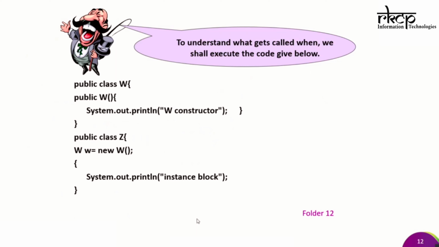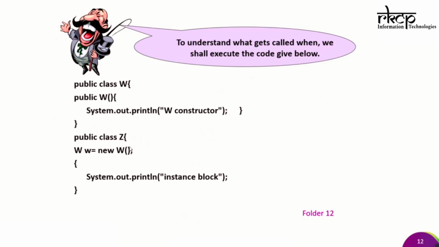Suppose I show you one example to see the difference, so try to understand. In this example, I'm using one class W, and there I have one constructor, public W, where I'm simply printing a W constructor message.